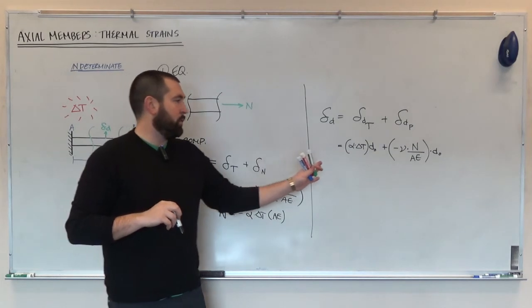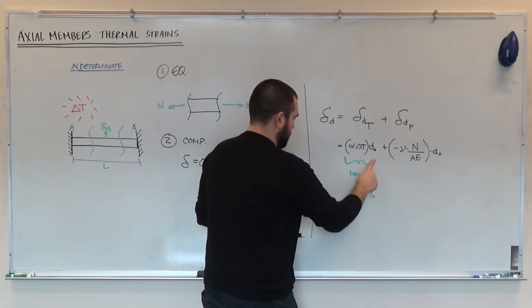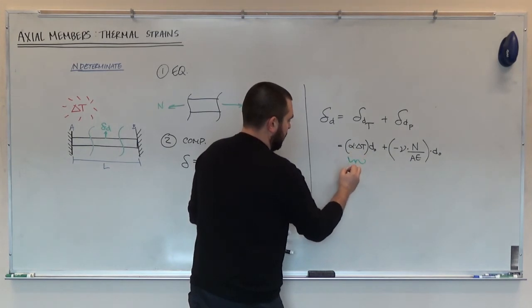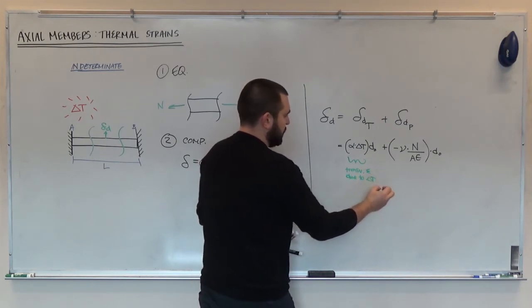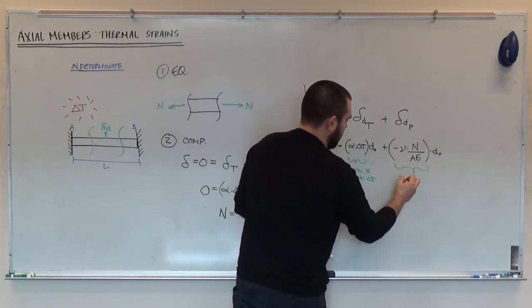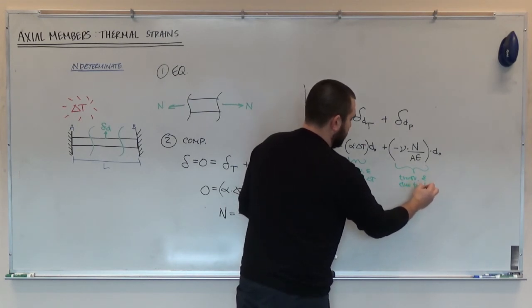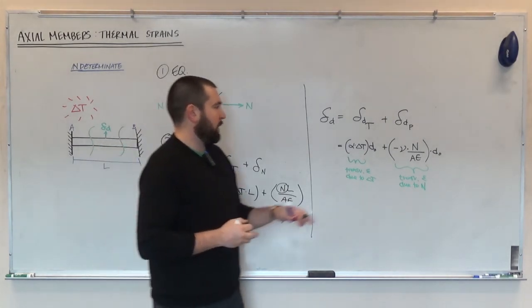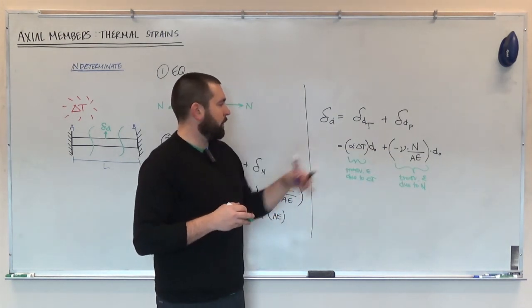And the reason that these two terms are going to add together, let's just look at the strain part of it. This first part of the term here is the transverse normal strain due to the change in temperature, and this term right here is the transverse normal strain due to force-based effects. We could say N for internal normal force. Again, this one is based only on the force-based effects. This is based only on the thermal effects.